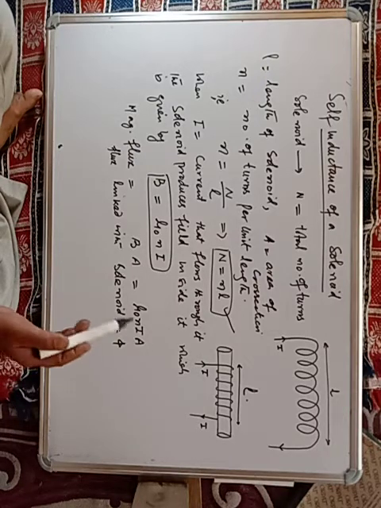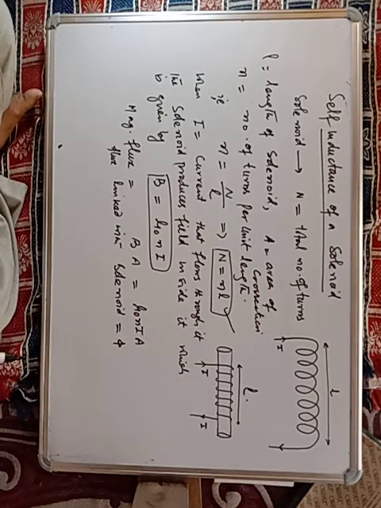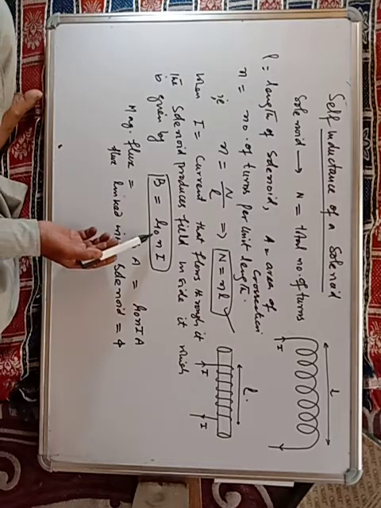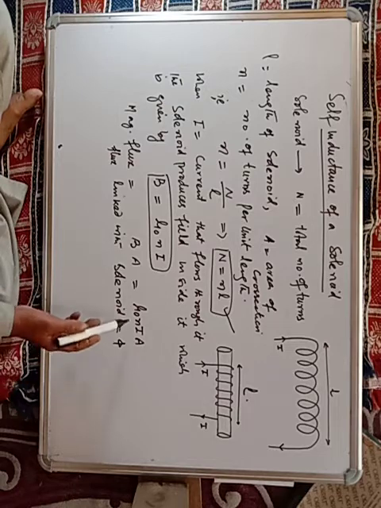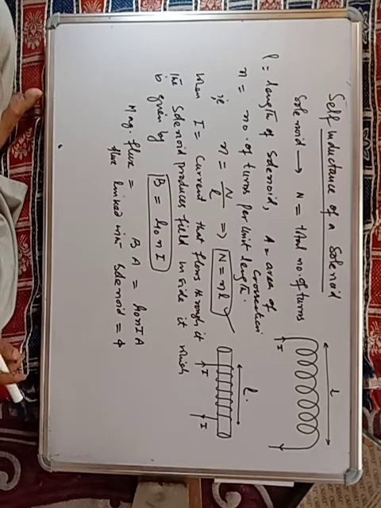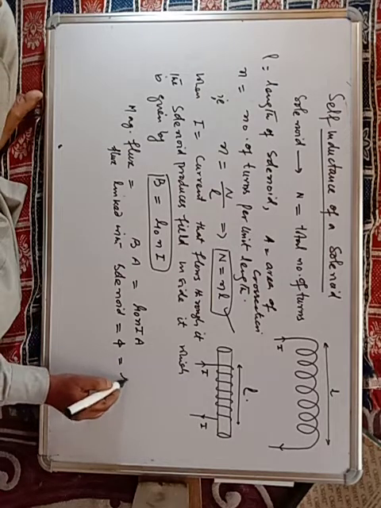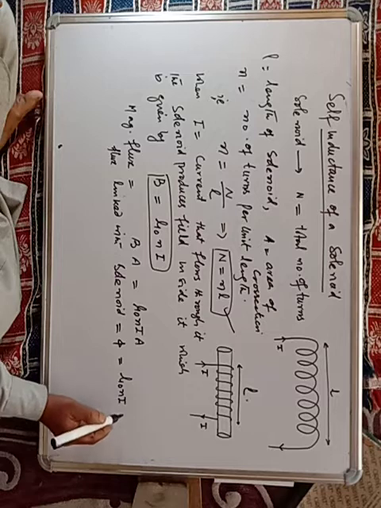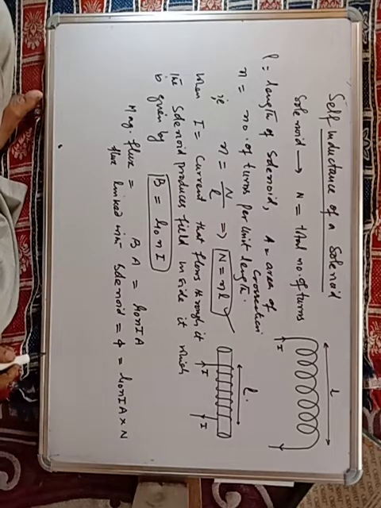This flux gets linked with all the turns of the solenoid. Total number of turns is N, and the flux is mu naught n I A. So we will multiply this by capital N. So you will get mu naught n I A multiplied by capital N, because the solenoid is having N number of turns.